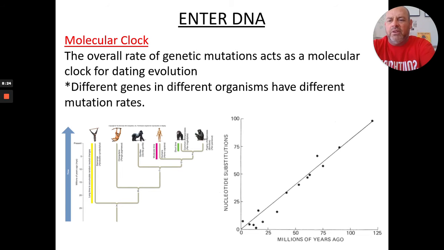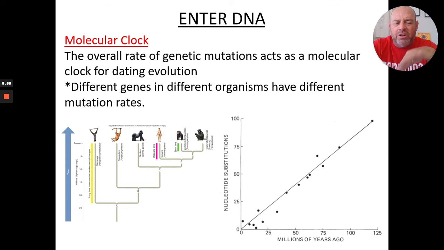On the left over here, based on the length of line, you can see how much time has gone by since mutations, and which things are more similar and which things aren't. And on the right, we have time across the bottom in millions of years, and nucleotide substitutions on the left-hand side. Nucleotide substitutions is just another term for mutation, right? When nucleotides, A, C, G, and T, get substituted, that's a mutation, okay?